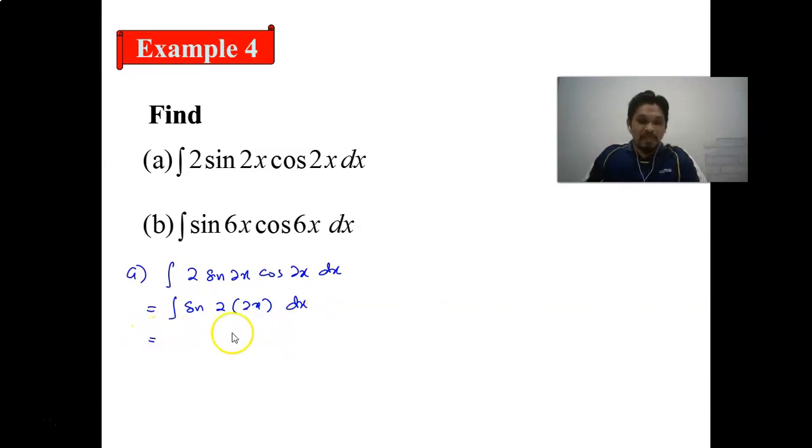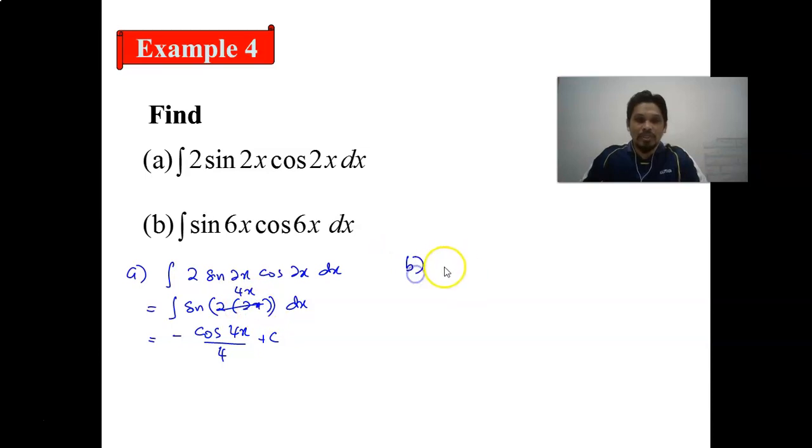Okay, so it is now integral of sine, it gives you negative cos 4x divided by derivative of 4x, that gives you 4, plus c. Actually, this one we can write down as sine 4x, just to show you that it's sine 2a, where a equal to 2x.